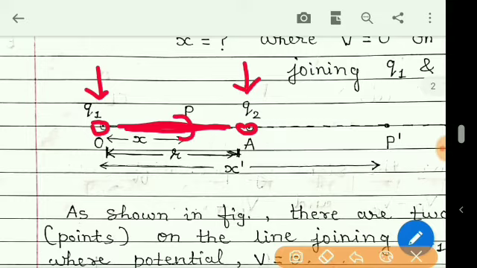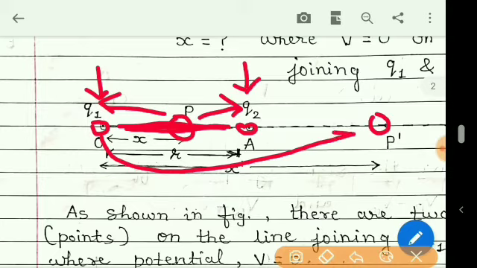because at any point the potential due to this charge is also positive, even potential due to this charge is also positive. So both the positive will be there, then there is no chance of 0. Even if we'll select any point this side, then also potential due to first charge which is positive, so potential is also positive here.